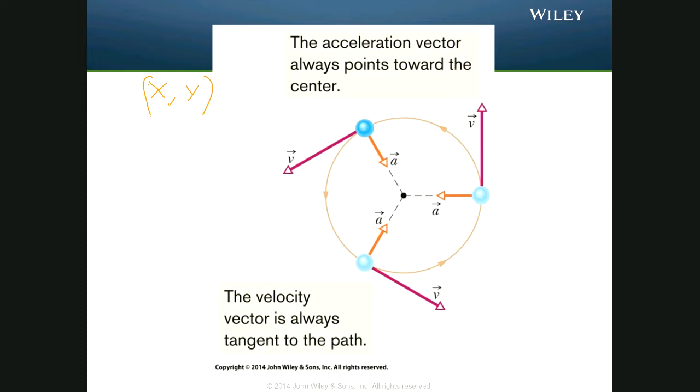But the way to really look at it is in terms of R and theta. Now theta might be changing, but in the radial direction, we can say that the acceleration is constant. And that's usually how we'll look at this. We usually put it in the R direction.